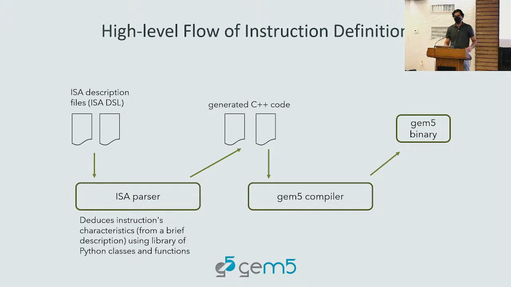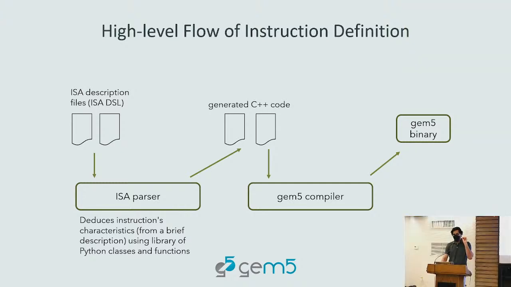Okay. So again, I think I kind of explained some of these things, but to just summarize or reiterate again, basically, this is the high-level flow for instruction definitions in gem5. So we have, through the gem5 specific ISA DSL, we describe the specification of instructions, which includes both how they get decoded and how they get executed. Then we have a gem5 ISA parser, which takes those specification files, and it knows how to understand those files.